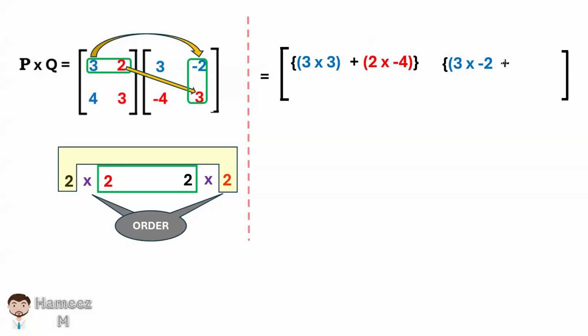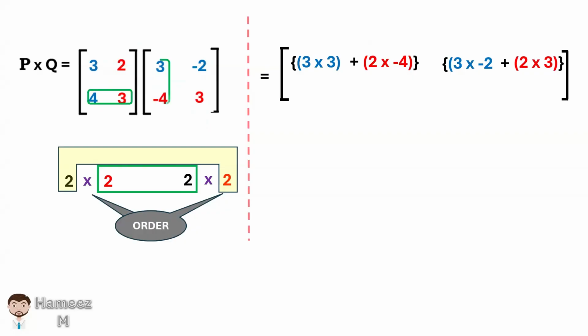So we're able to deal with that multiplication of the first row by each of the columns. Now we're going to take the second row and multiply it by each of the columns. So the second row by the first column, and when we're dealing with those, it'll be first term by first term, 4 by 3, and then second term by second term, 3 by -4.